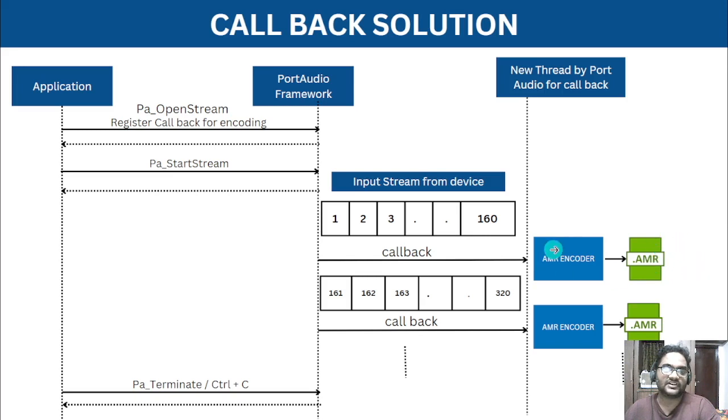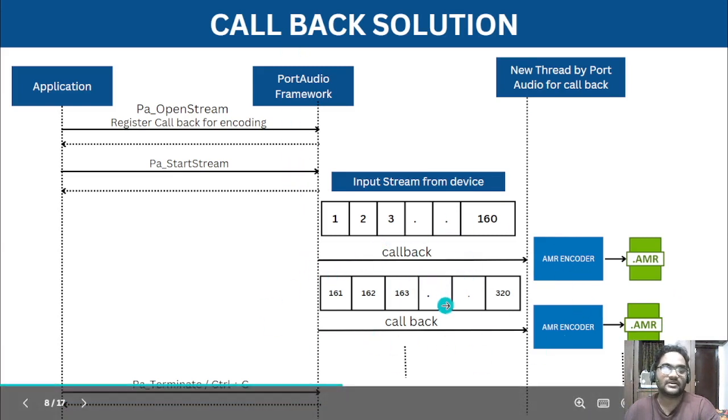We simply encode it with the help of the callback. This callback is registered, and once it is called, a subroutine thread is created and the encoding happens. In the main thread, again it gets the next set of 160 samples, and by the time the callback function is done, it triggers the next callback, and we encode it, and like that it goes on until the user presses Control C.